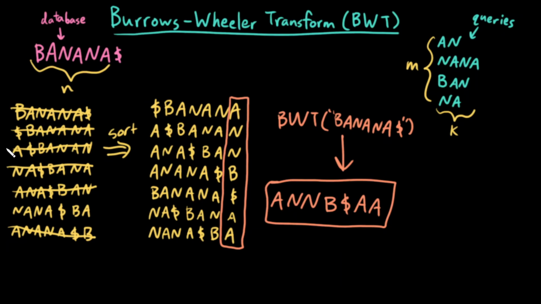Again, compute all rotations of your string, take the last column, and that is your Burrows-Wheeler transform.